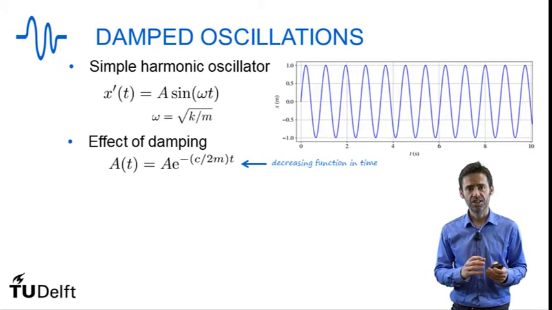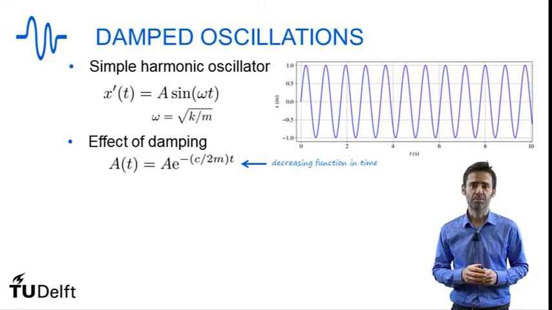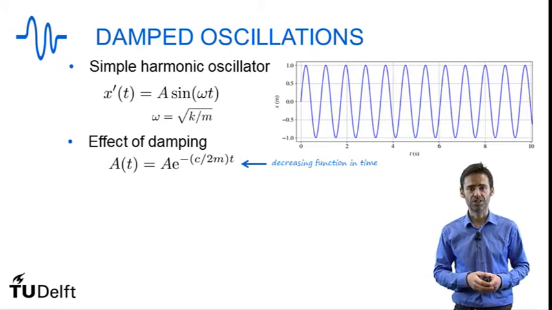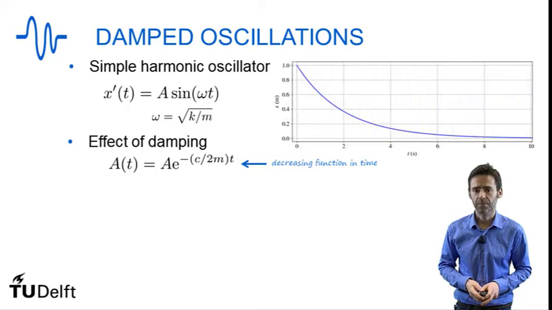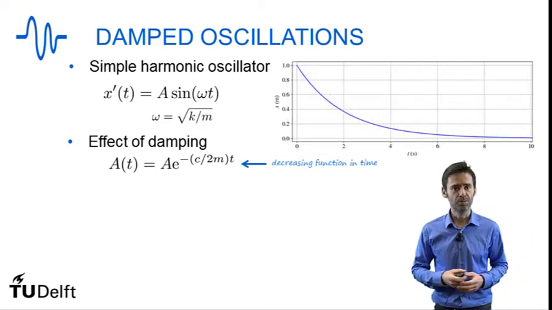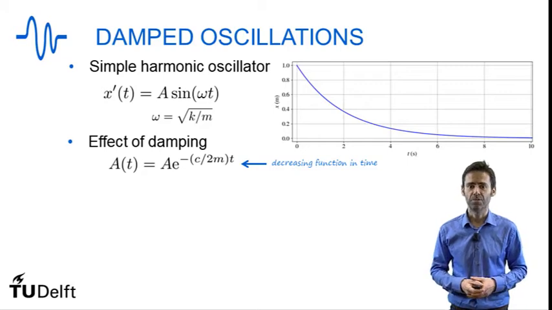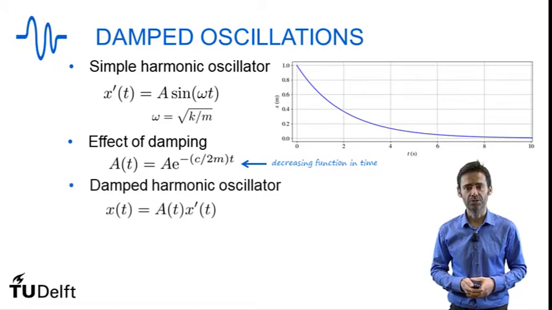With c a constant and m the mass, this is a positive number, and the minus sign takes care that for positive times this amplitude will decrease over time, as you can see in the function here. Then the total movement of the harmonic oscillator with the effect of damping is given by x of t is A of t, the amplitude term, times the harmonic oscillator solution, A sine omega t.